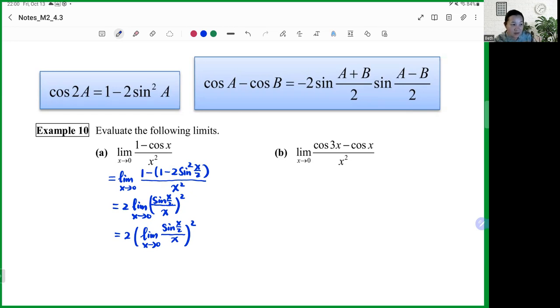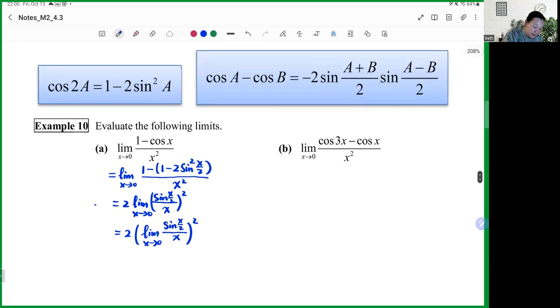Now it's the square of the limit of the function. Am I saying it right? I think so. In this step, it's the limit of the square of the function. In this step, it's the square of the limit of the function.